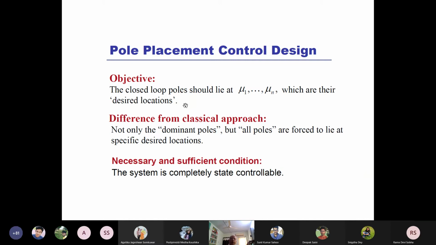So if you have a system with four open loop poles, we only consider the dominant poles, normally two dominant poles, and we try to place these two dominant poles in the left half plane. And that is basically based on the output. Here it is based on the state variables of the system.